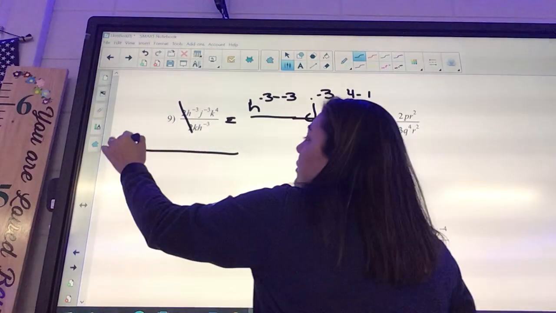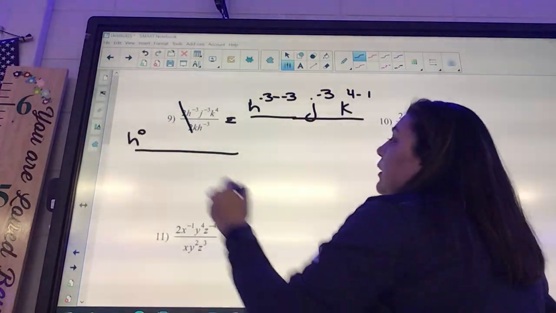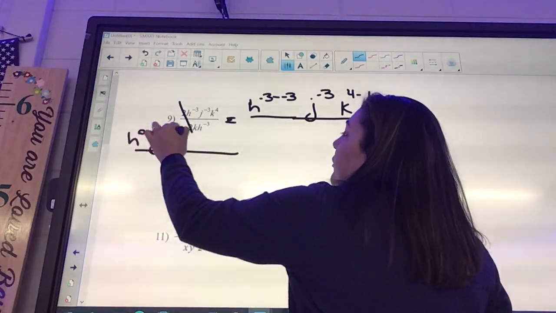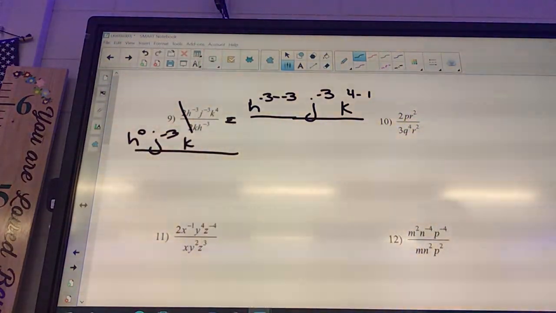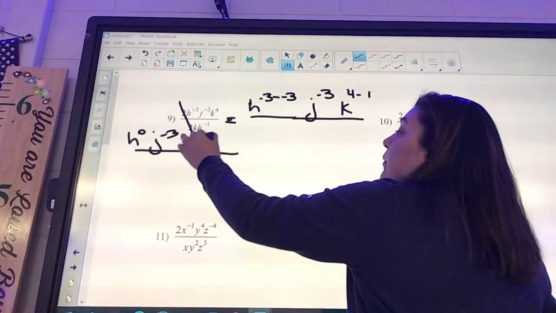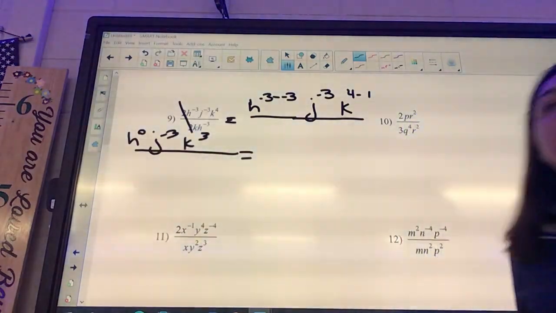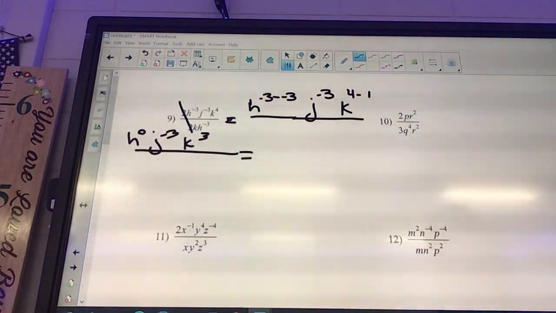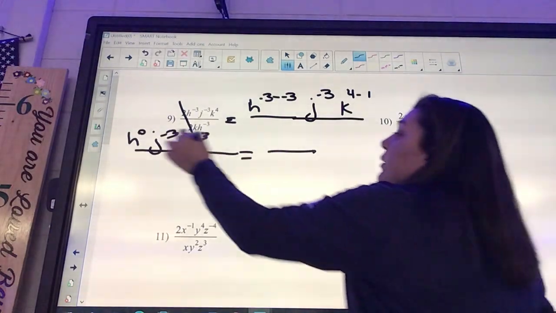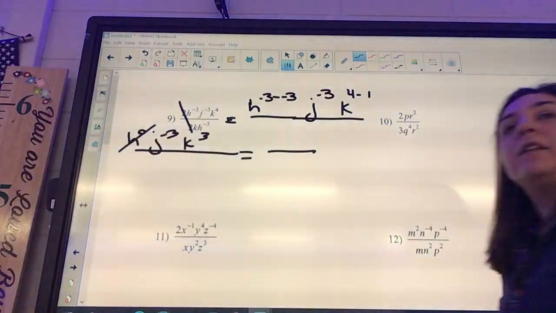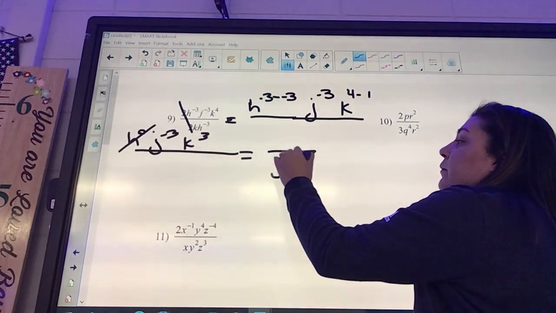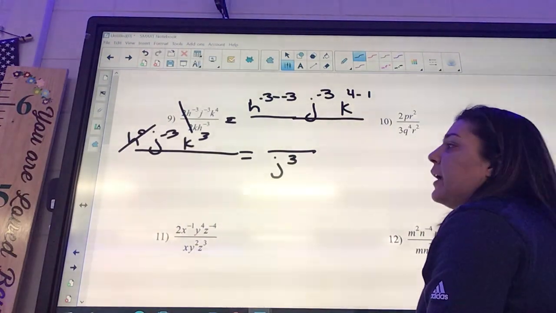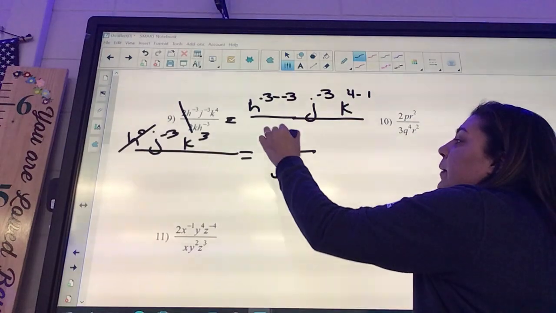So you're going to have h to the 0, j to the negative 3, k to the what? 3. Okay, well, what is h to the 0? 1, or it cancels. Where's the j to the negative 3 go? Bottom. K to the 3, sorry. Top.